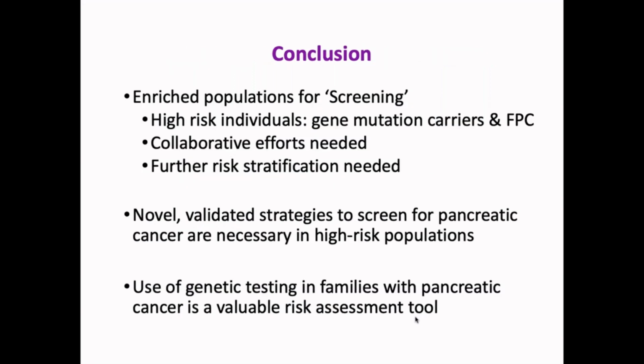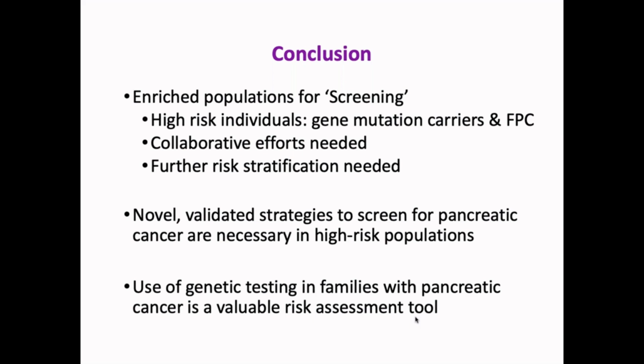So in conclusion, enriched populations are important for us to identify because they are eligible for screening. And these high-risk individuals now, as we very well know, are those that carry germline alterations or have a high burden of pancreatic cancer. Collaborative efforts are needed and continued, and further risk stratification is needed amongst those that we identify as high risk.